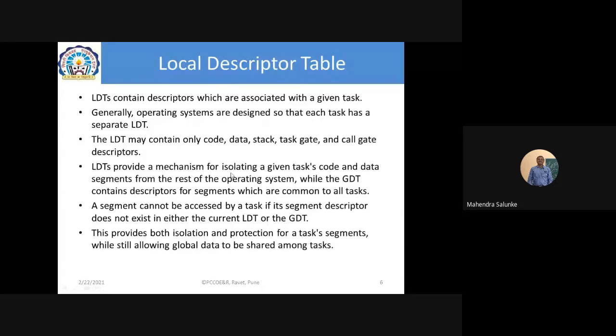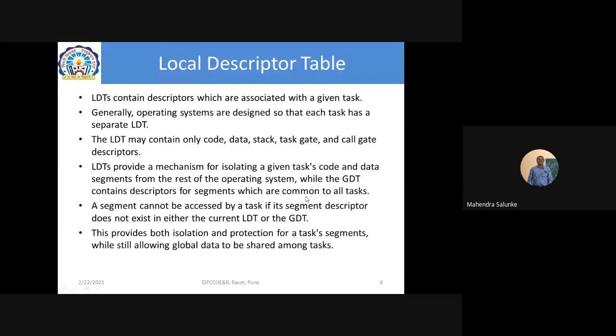So what is the main purpose here? Isolating the data or the segments from the other tasks or from the rest of the operating system. So LDT provides a mechanism for isolating a given task's code and data segments from the rest of the operating system. While the GDT contains descriptors for segments which are common to all tasks.